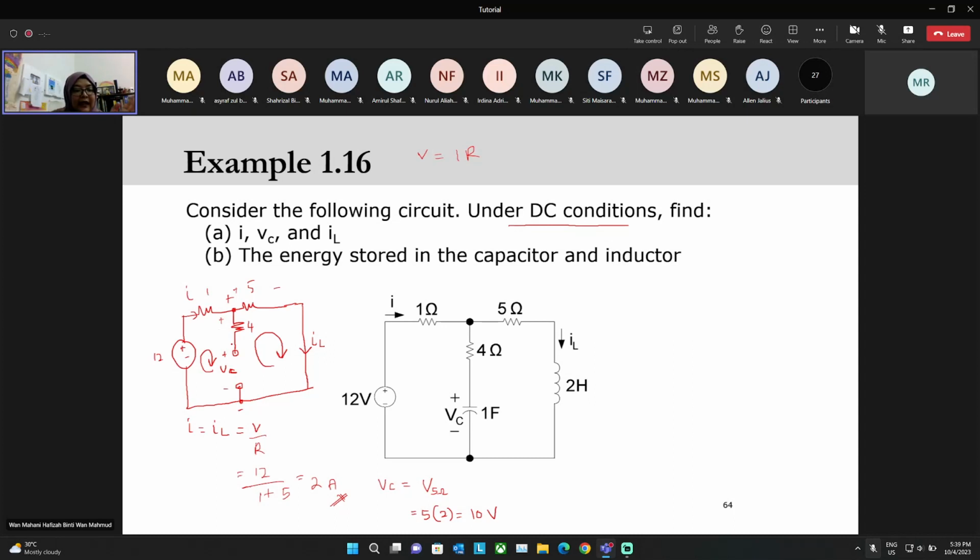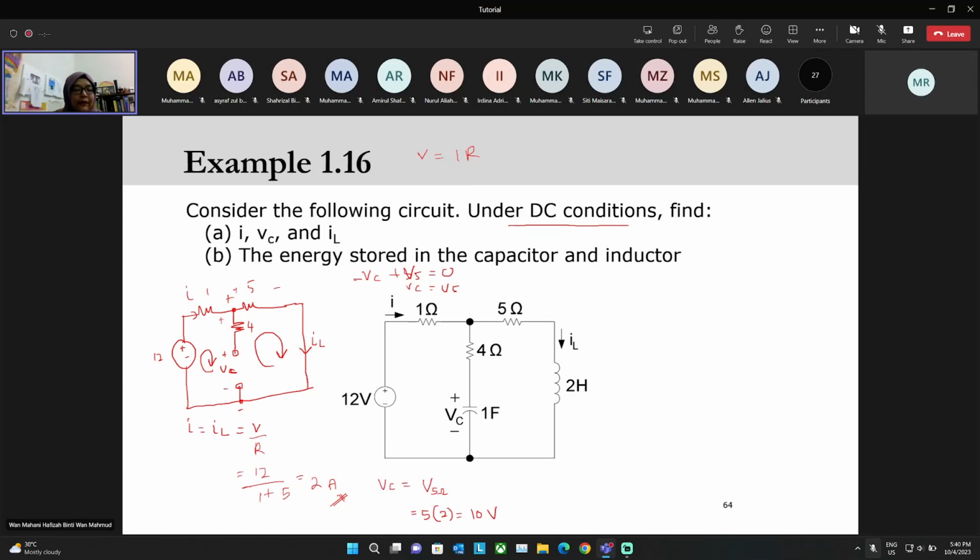Okay, you can either use the left side or the right side ataupun kalau you faham the circuit which is VC equals to V dekat 5 ohm resistor, then straight away you can calculate. Ataupun kalau you nak pakai mesh analysis, boleh je. Negative VC plus V5 equals to 0. You ada 2 je, VC dengan V5. V kat sini tak ada. So VC equals to V5.